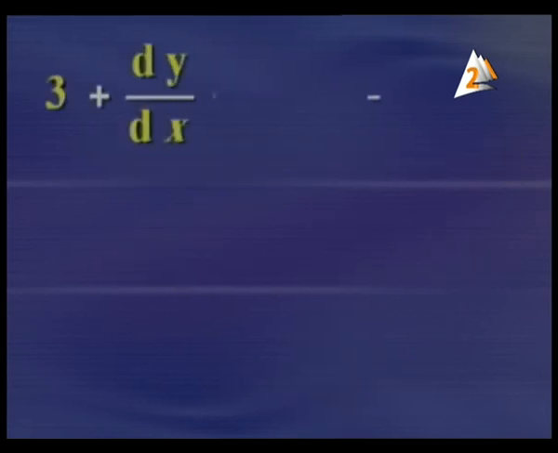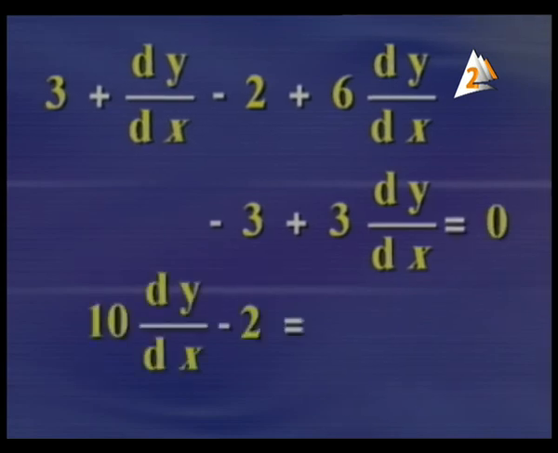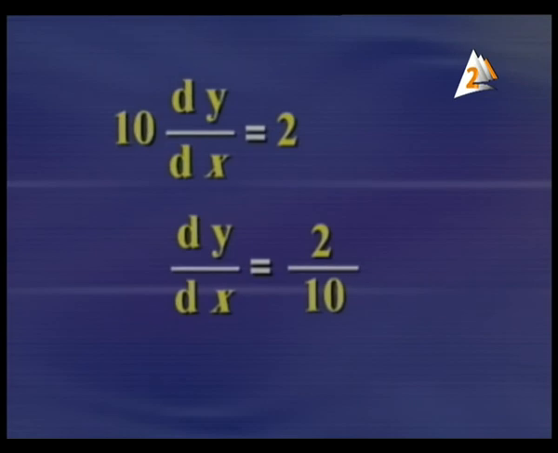To find the value of dy/dx, we get 10 dy/dx minus 2 equals 0. Then 10 dy/dx equals 2. dy/dx equals 2 over 10, which equals 1 over 5.